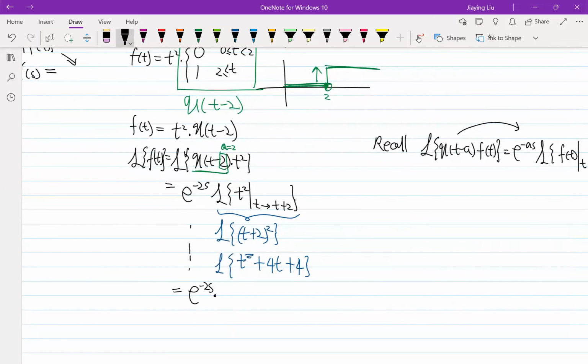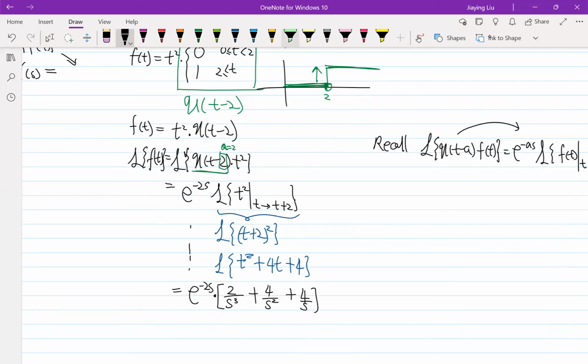So e to the negative 2s times t squared will give me 2 factorial over s to the 2 plus 1, so s cubed. 4t will give me 4 over s squared. And the last 4 is 4 times 1, so 4 over s. So those are the Laplace transforms.